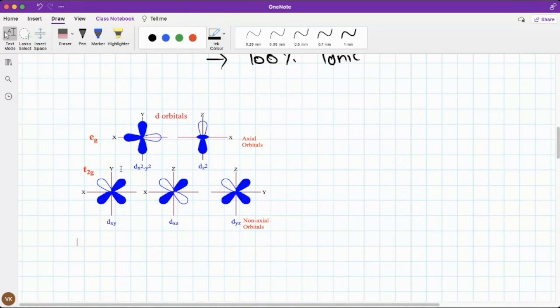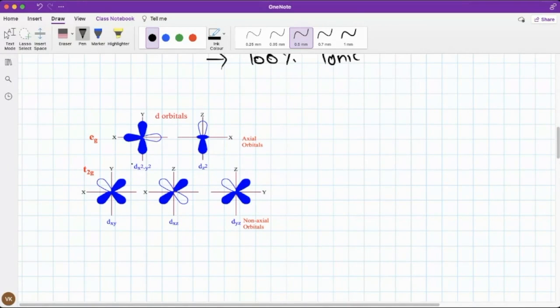Now when you go for d orbitals, like we have px, py, and pz, you have 5 d orbitals. The 5 d orbitals are dxy, dyz, dxz, dx square minus y square, and dz square. So this is how it looks.